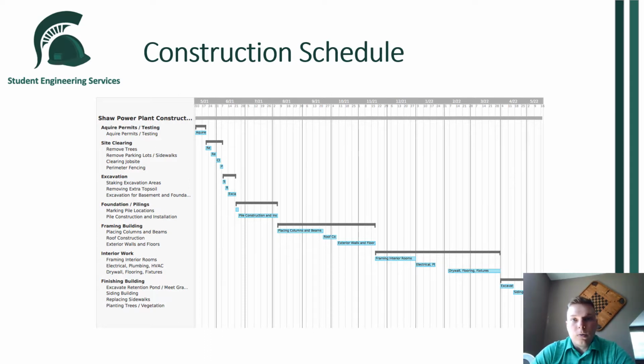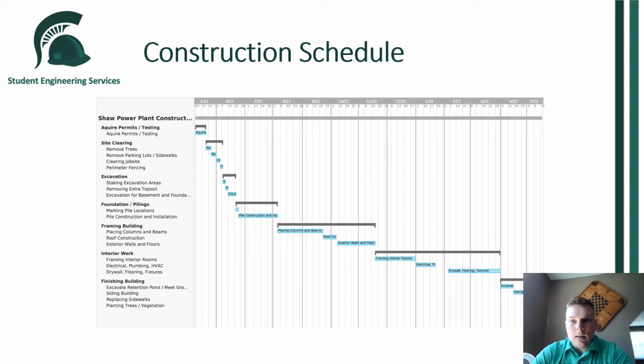Having that done before the real winter season begins will allow us to do all the interior work throughout the winter months, and we'll make it so we don't have to take a long break throughout those winter months. That will allow us to do the plumbing, electrical, HVAC systems, drywall, flooring, all that good stuff throughout the winter.